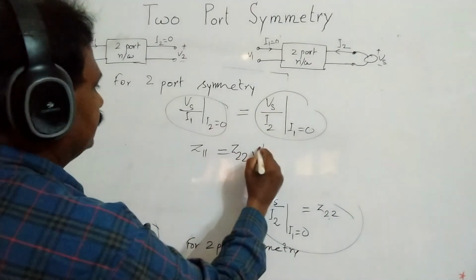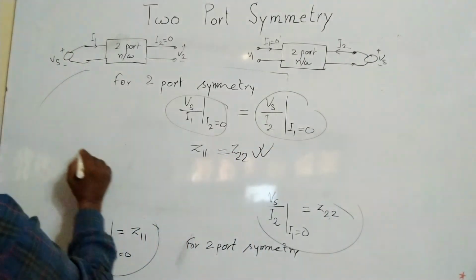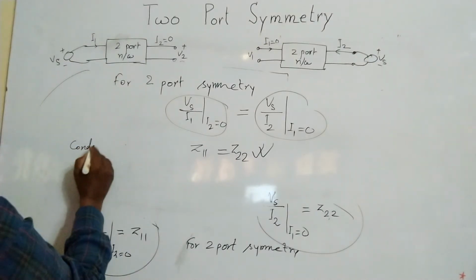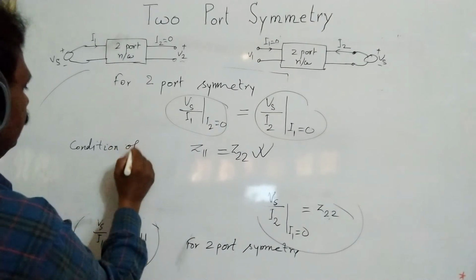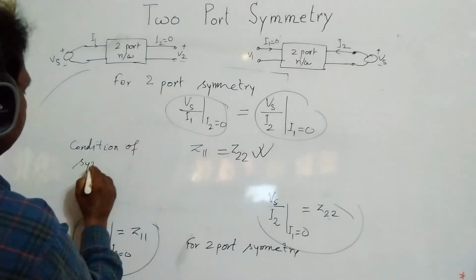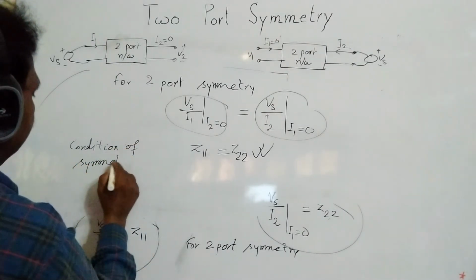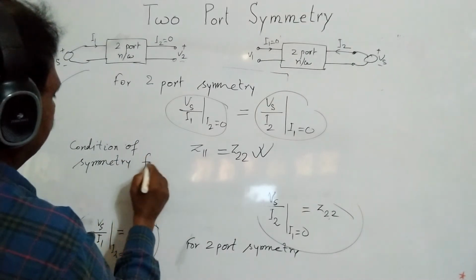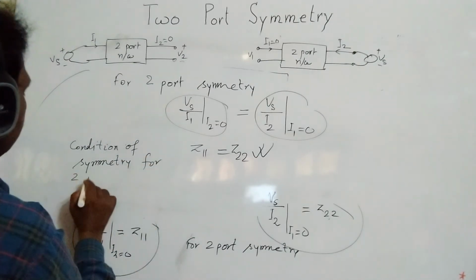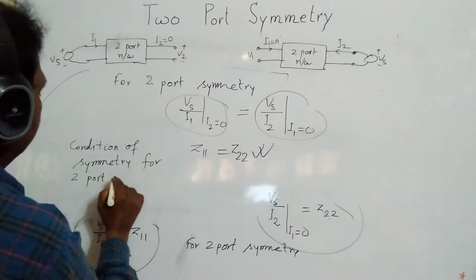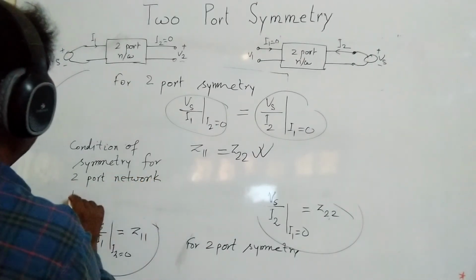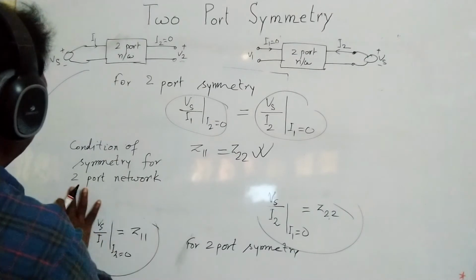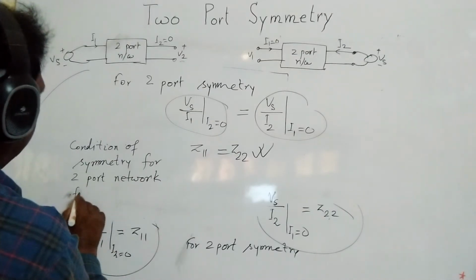Then actually this is the final condition of symmetry for two-port network in case of Z parameter.